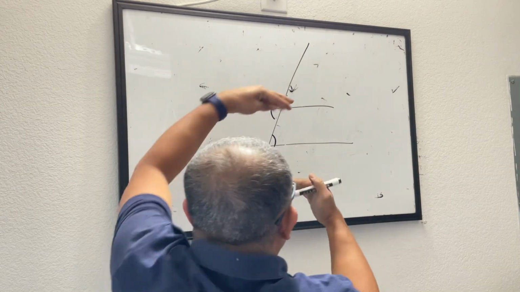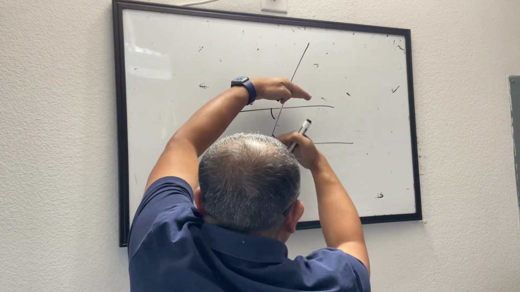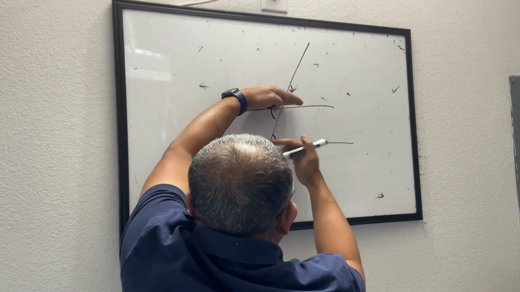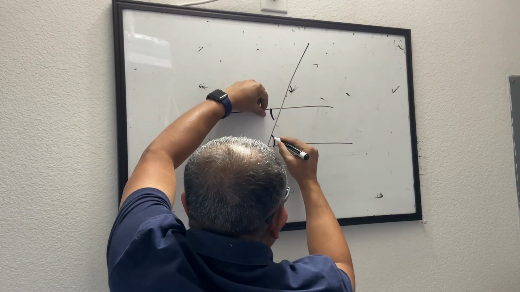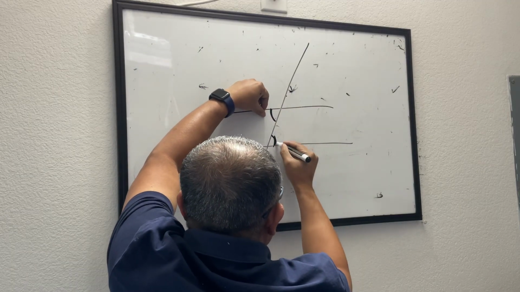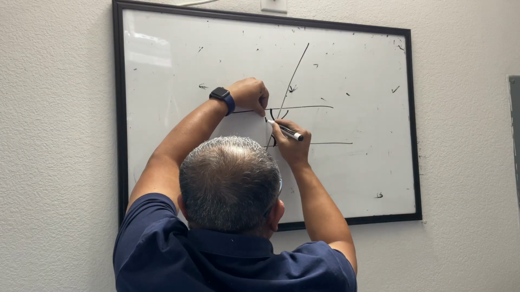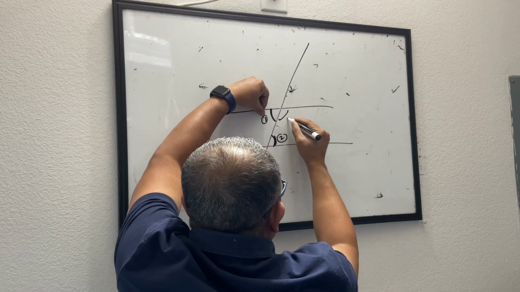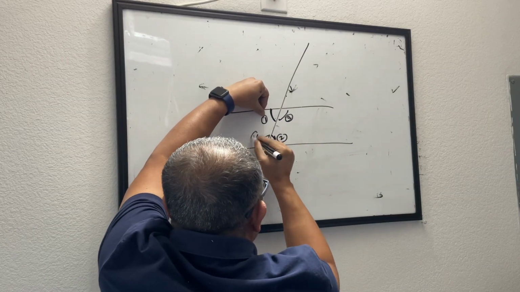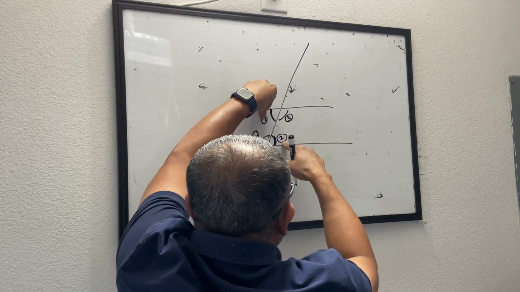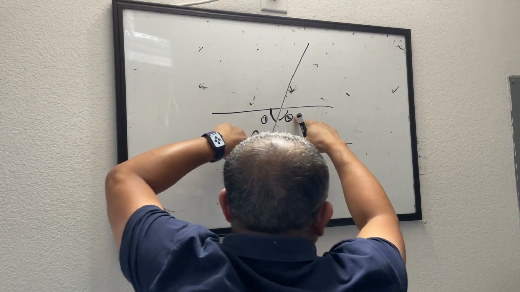Here, interior, both are interior, meaning between these two lines, and alternate, meaning on the alternate side. So this is this side, this is this side. Similarly, this one. Let's say this is 1, this is 2, this is 3, this is 4. So 1 and 2 are alternate interior angles, 3 and 4 are alternate interior angles.